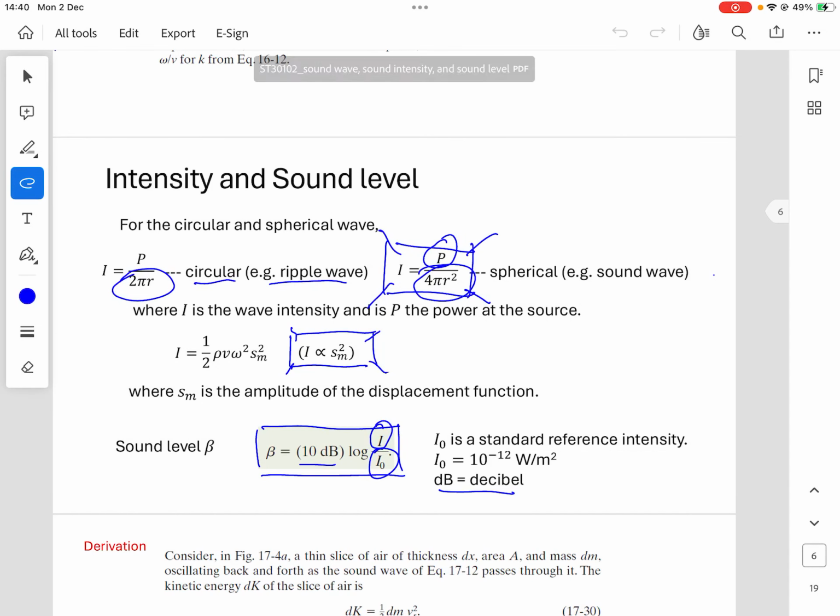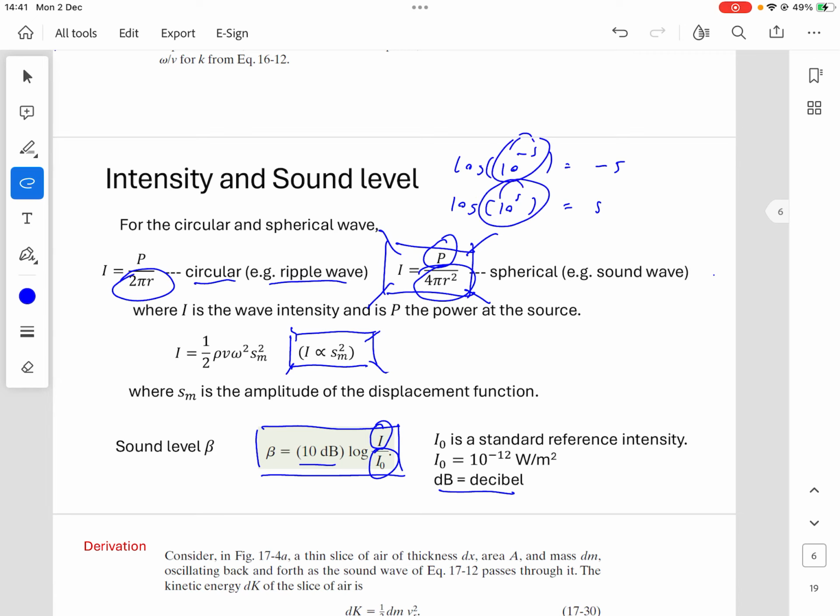For example, if you take the log of 10 to the minus 5, you get minus 5, right? But if you take the log of 10 to the 5, you get 5. So you can imagine, if you want to compare the intensity of 10 to the minus 5 and 10 to the 5, this is 10 orders of magnitude, a very large difference.